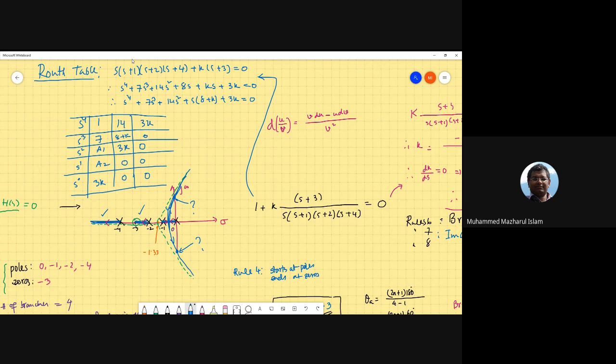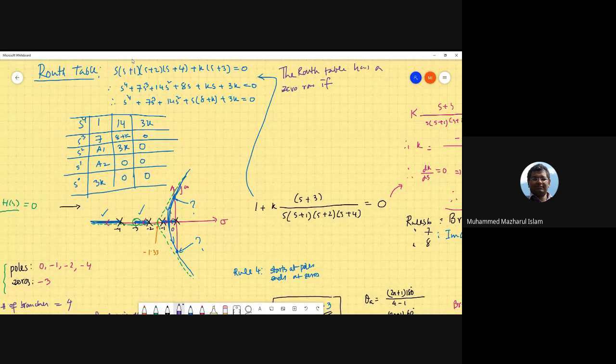So now we need a zero row. The Routh table has a zero row if a1 or a2, which we haven't calculated yet, is zero.